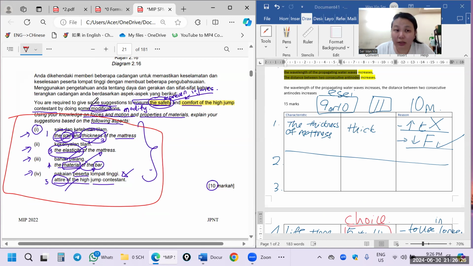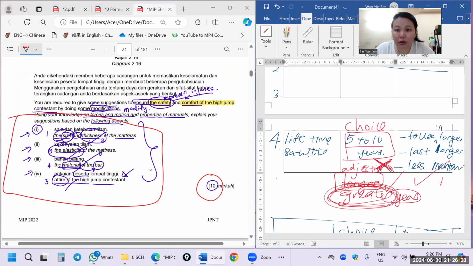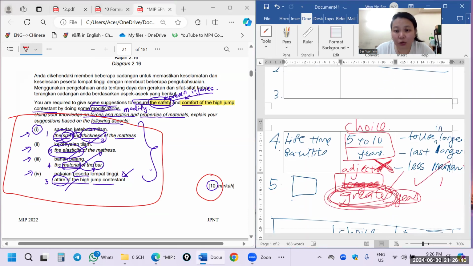If they ask you to modify, here only got 4, please make it as 5 points. So 10 mark questions make a table. If they ask you to choose, your number 5 must be your choice. If they just ask you to modify, your number 5 is your modification. No need choose, understand? So we no need write number, only greater.